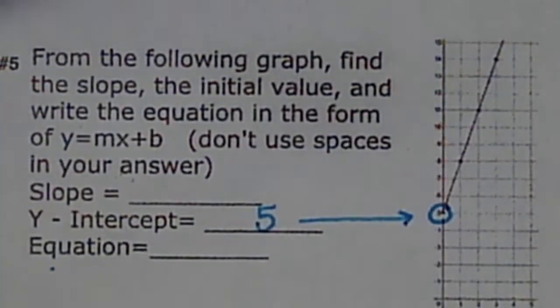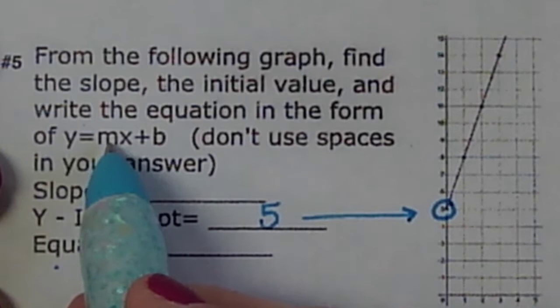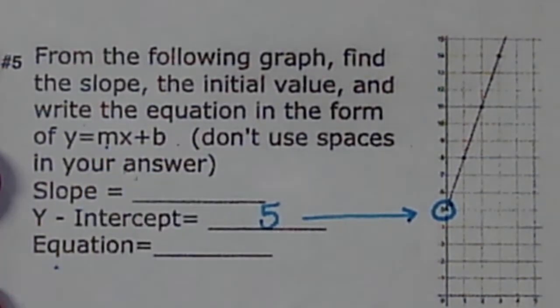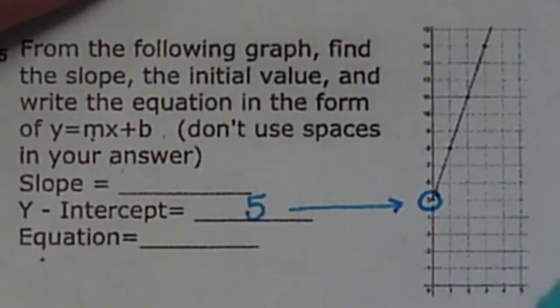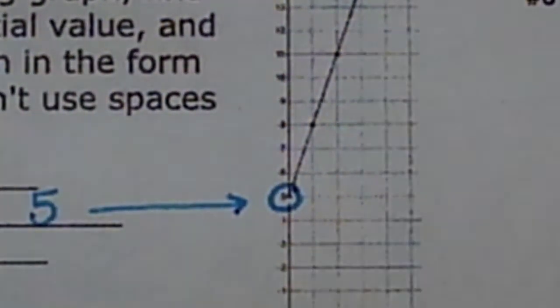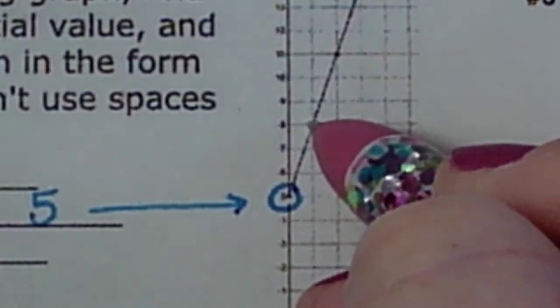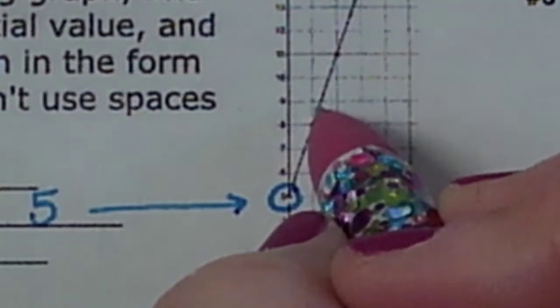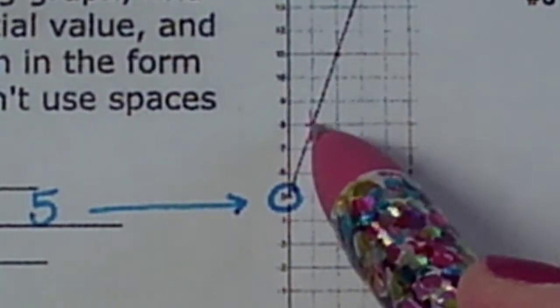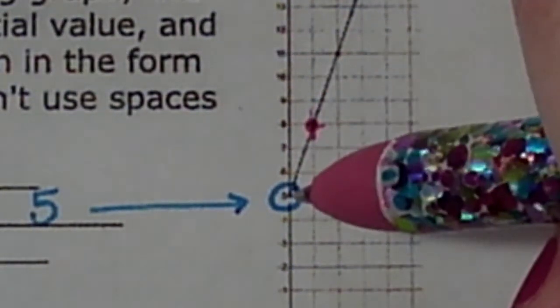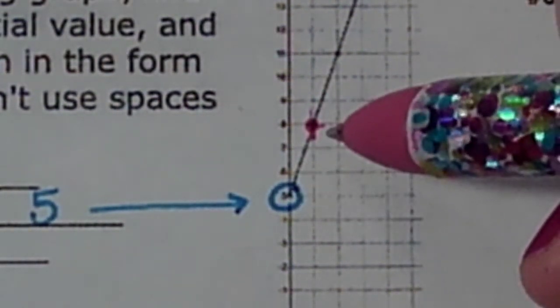Okay, you cannot write your equation until you have both your m and your b. So now let's find the slope. I know that this is pretty small. In this one, the points are marked for us. In a lot of cases, the points are not marked. So just keep in mind for the topic test, you want to look where the line is crossing at one of those grids. We're going to mark this point right here, and then count from our first point to our next point.